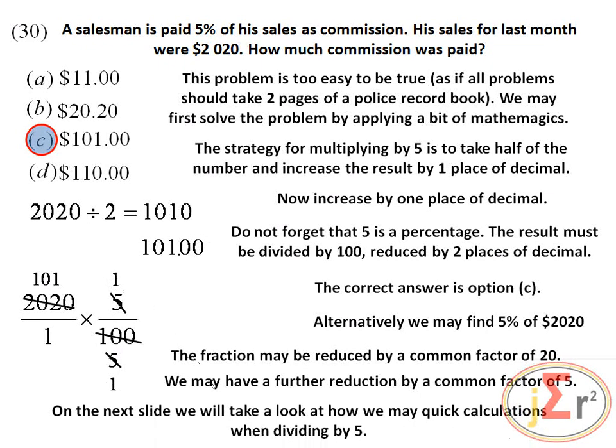On the next slide, we will take a look at how we may make quick calculations when multiplying by 5. 5 is equal to 10 divided by 2.